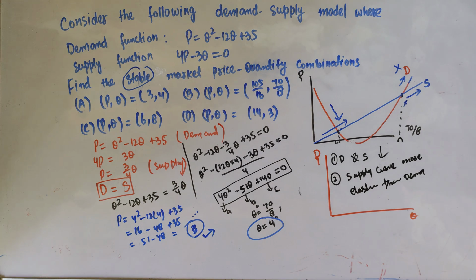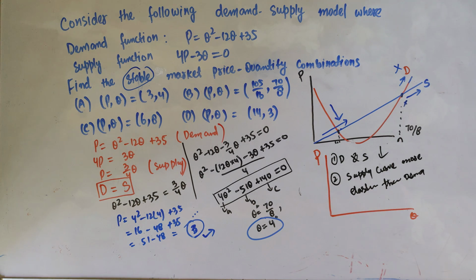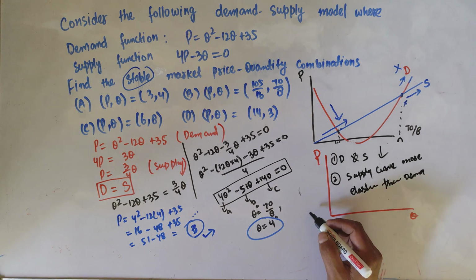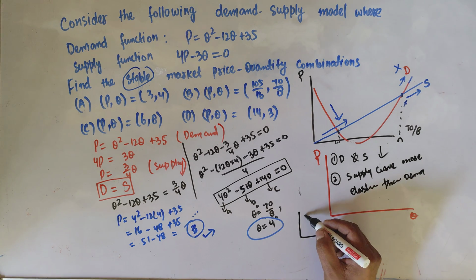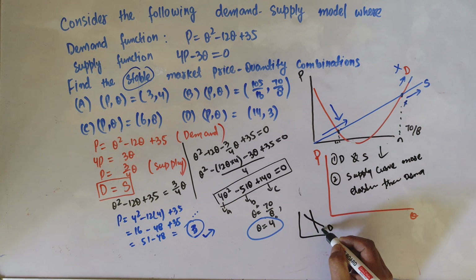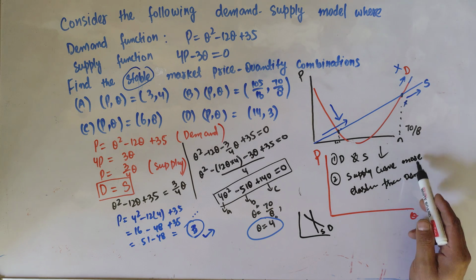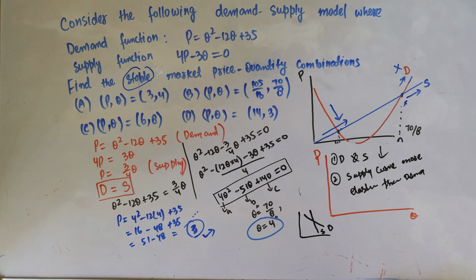These are the two conditions for unstable equilibrium, and there are other conditions. Here we have both demand and supply functions upward sloping, so this also depicts an unstable equilibrium. If I draw it here, if we have this demand function and a supply function like this, both demand and supply functions are downward sloping, and the supply curve is more elastic than the demand.